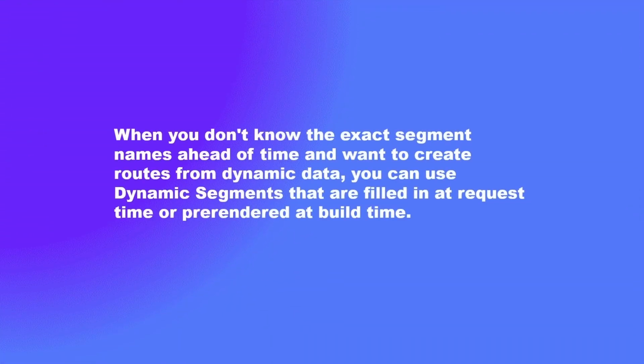In this video, I'm going to explain dynamic routing and other routings related to dynamic routing. When you do not know the exact segment name ahead of time and want to create a route from dynamic data, you can use dynamic segments that are filled in at request time or pre-rendered at build time.